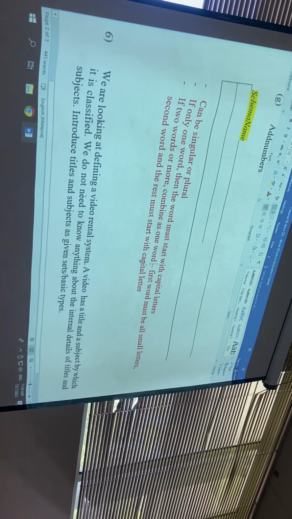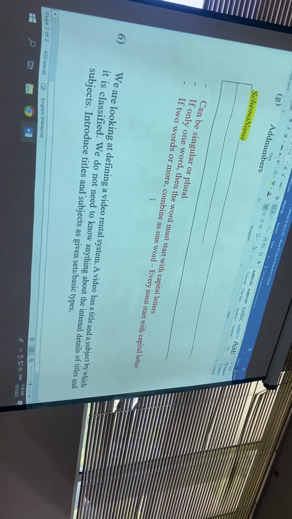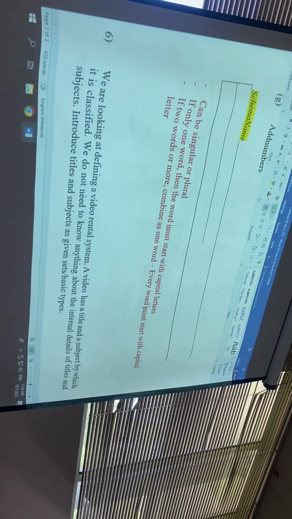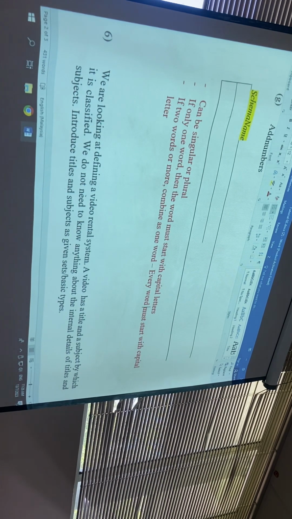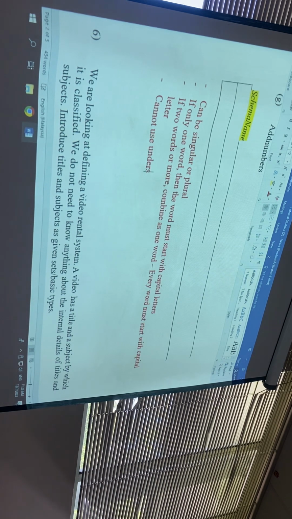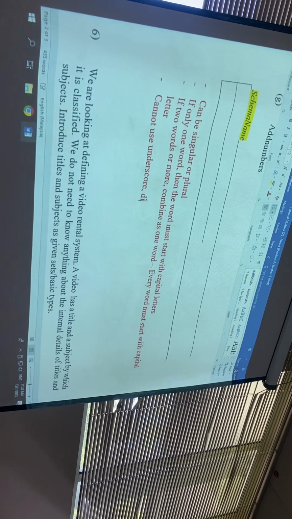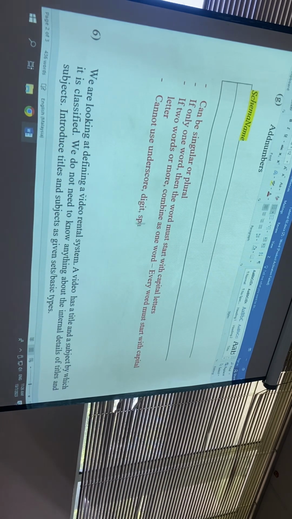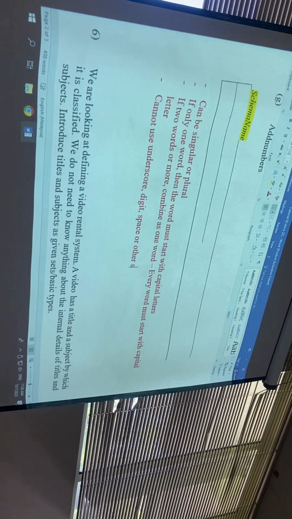Every word must start with capital letter. Cannot use underscore, space or other symbols.